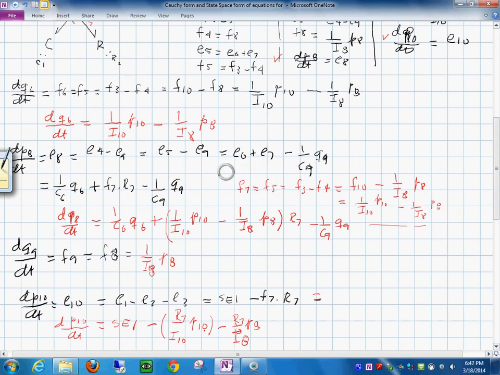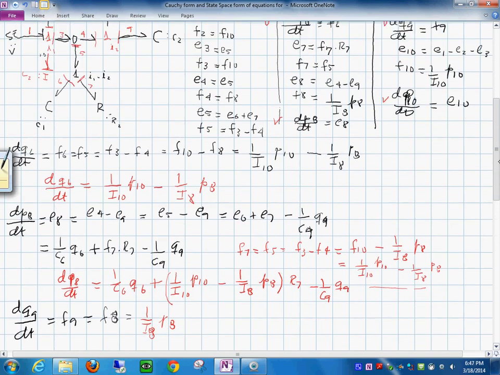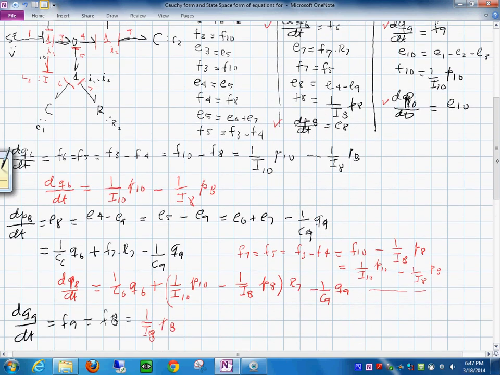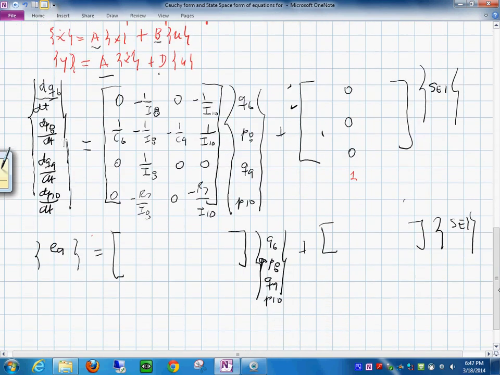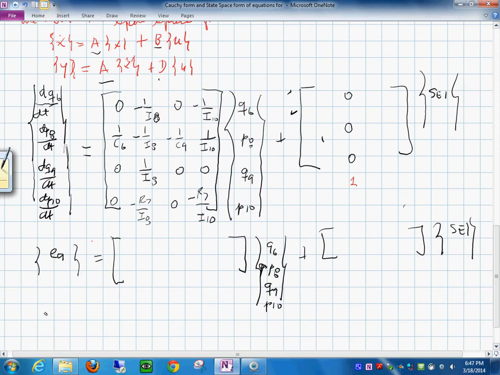It is a little more complex than this. So why don't we just do E9 is 1 over C9 Q sub 9. That's this one. So in here, there's going to be a 0, 0, 1, and 0.